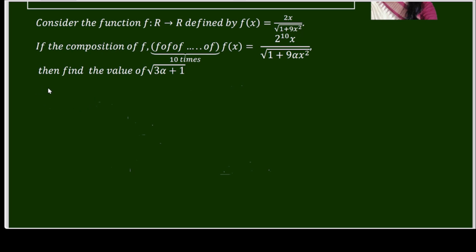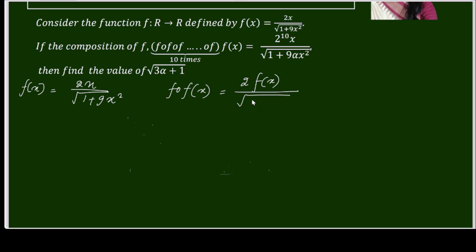So the function is given as f of x equals 2x over square root of 1 plus 9x squared. Then f of f of x equals 2 times f of x over square root of 1 plus 9 times f of x whole squared.